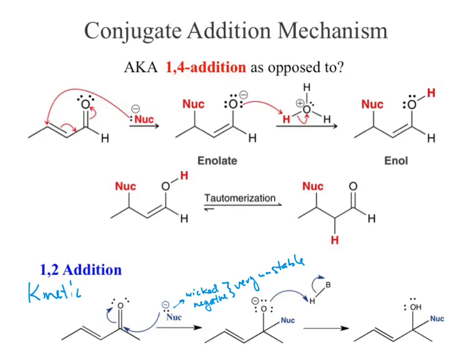In the case of our alpha-beta unsaturated carbonyls, we don't have just the electrophilic carbonyl. We also have an electrophilic carbon at our beta position. Okay, so there's 2 reactive sites. With there now being 2 reactive sites, we have to decide which one is the one that reacts.